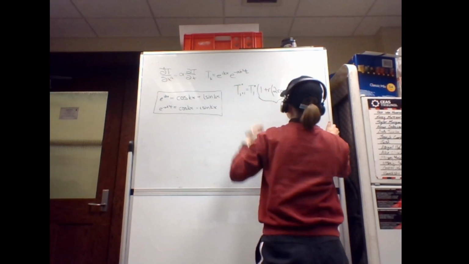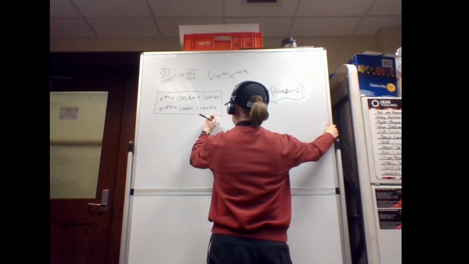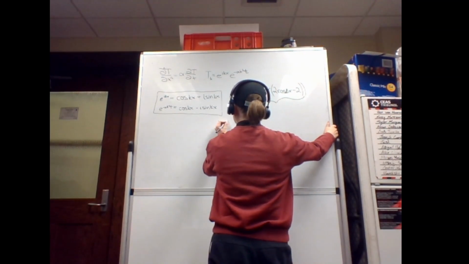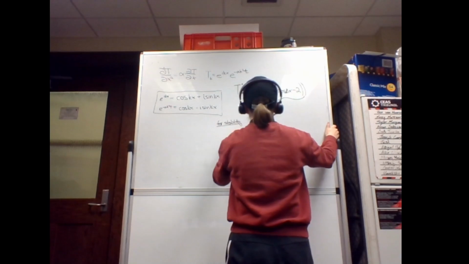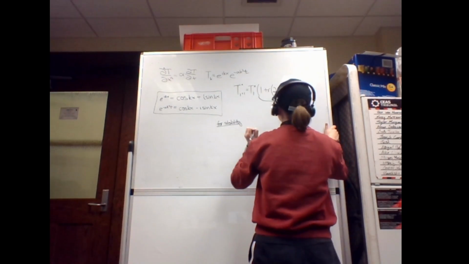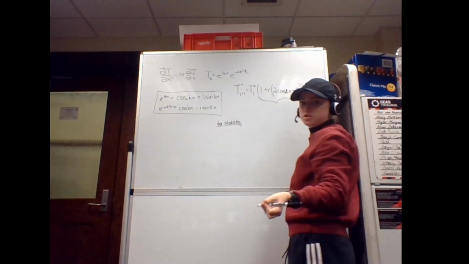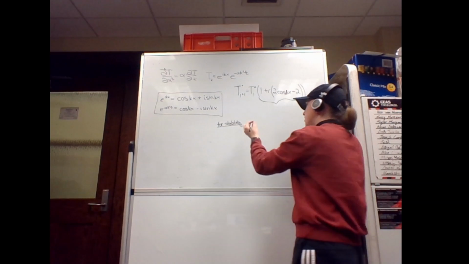So we're going to analyze the stability. For stability, we're going to analyze this section here. So we know that the cosine function oscillates between -1 and 1.